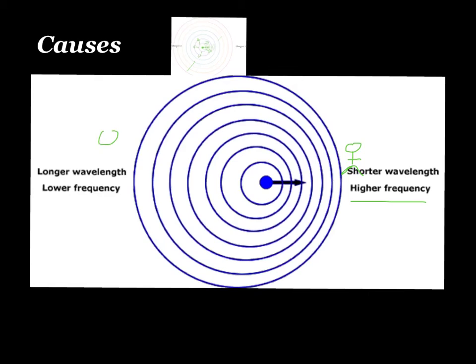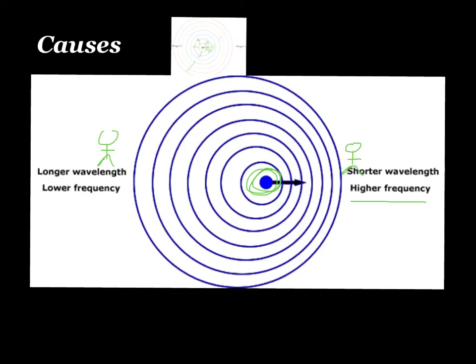If I were standing back here, I would experience longer wavelengths and a lower frequency. But what's important to note is that the frequency that the actual source is giving off has not changed at all. It just appears to have changed.